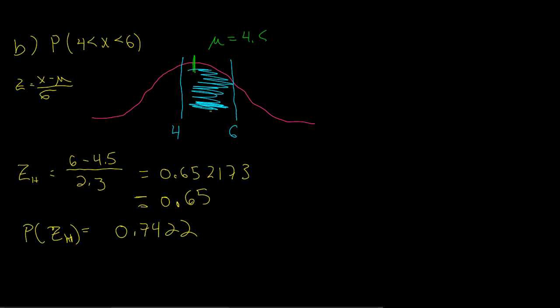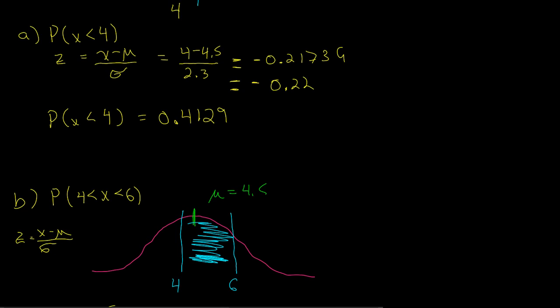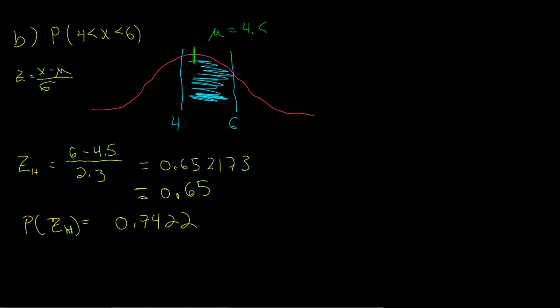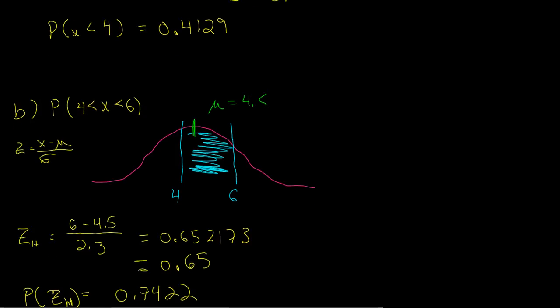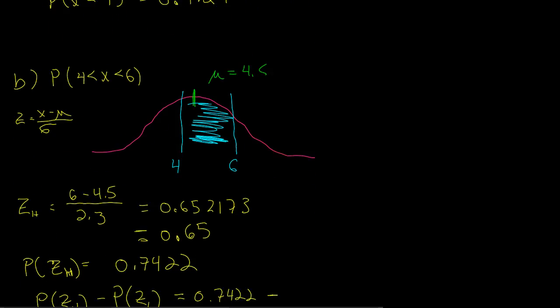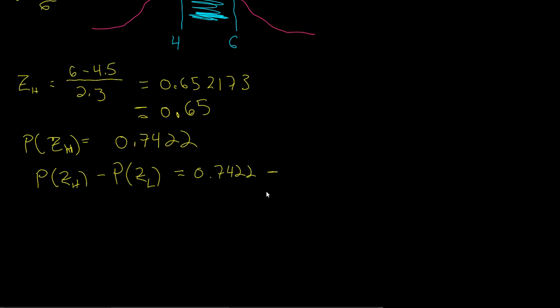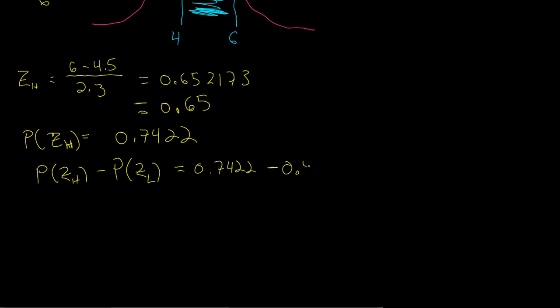Now we already have the probability of 4. We worked that out in the previous part of the problem, which was 0.4129. So the area in between is the probability of the high z score minus the probability of the low z score, which is equal to 0.7422 minus 0.4129.